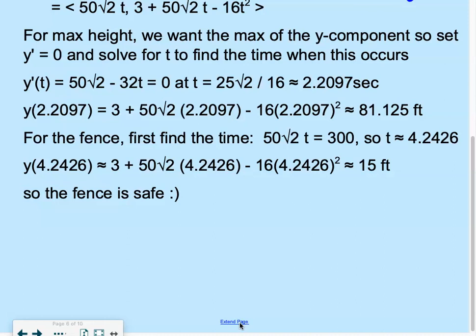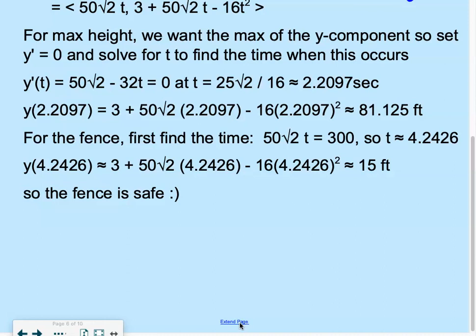Okay, so where did you find your actual answer? So you did 300 divided by 50 root 2.